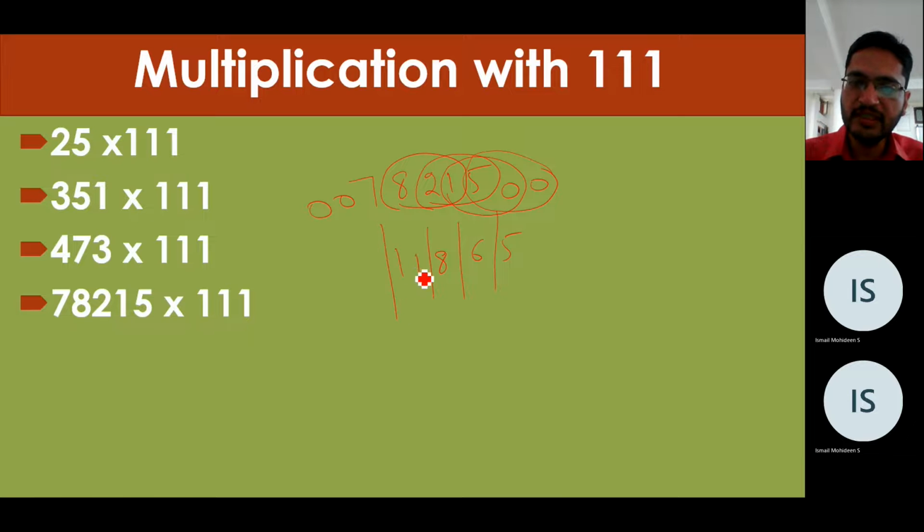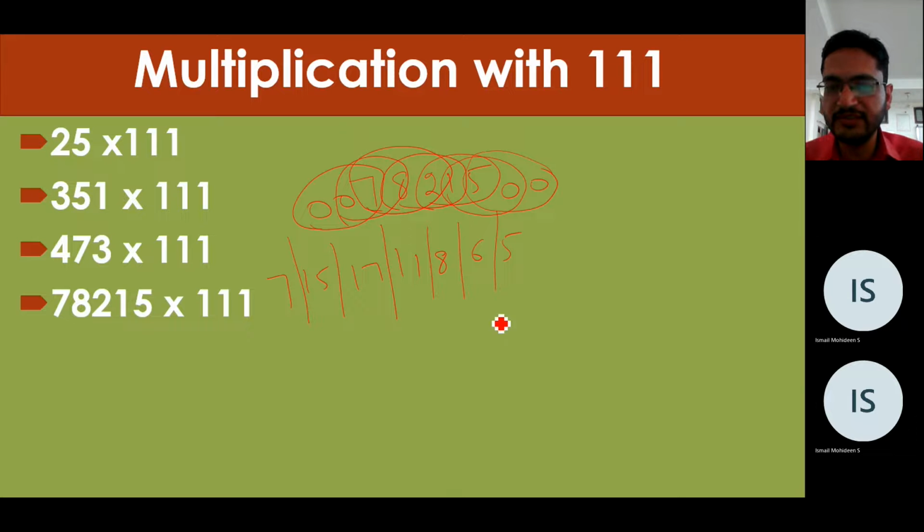Now because it is a 2-digit number, we will apply the balancing rule. So 7 plus 8 plus 2, that is 17. Next 15, next 0, 0, 7, that is 7. Now we will apply the balancing rule. 5, 6, 8, 1, 8, 6, 8. So the answer is 8, 6, 8, 1, 8, 6, 5.